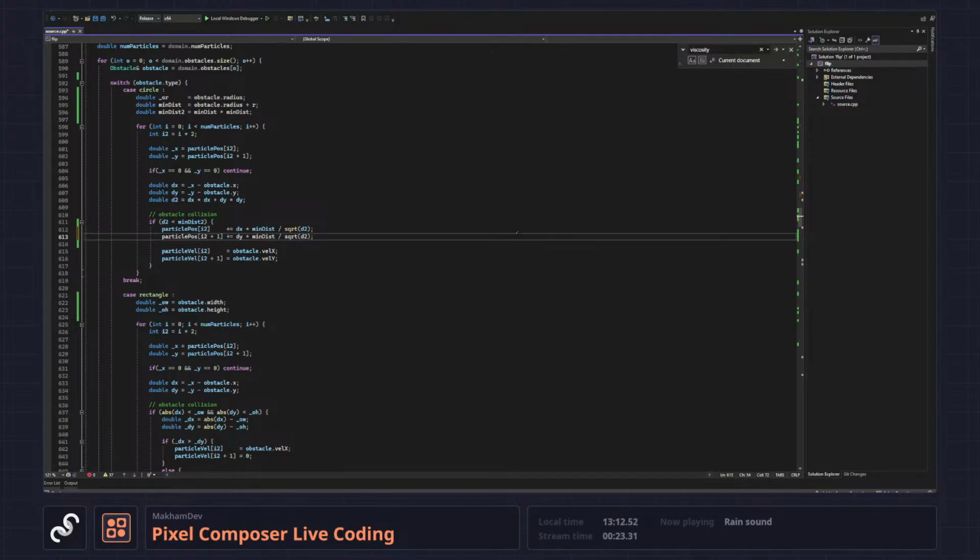Let me think for a sec here. So we have an obstacle with radius of big R, and a particle with radius of small r. If the particle is inside, it just has to move itself out. So this is dx, this is dy.